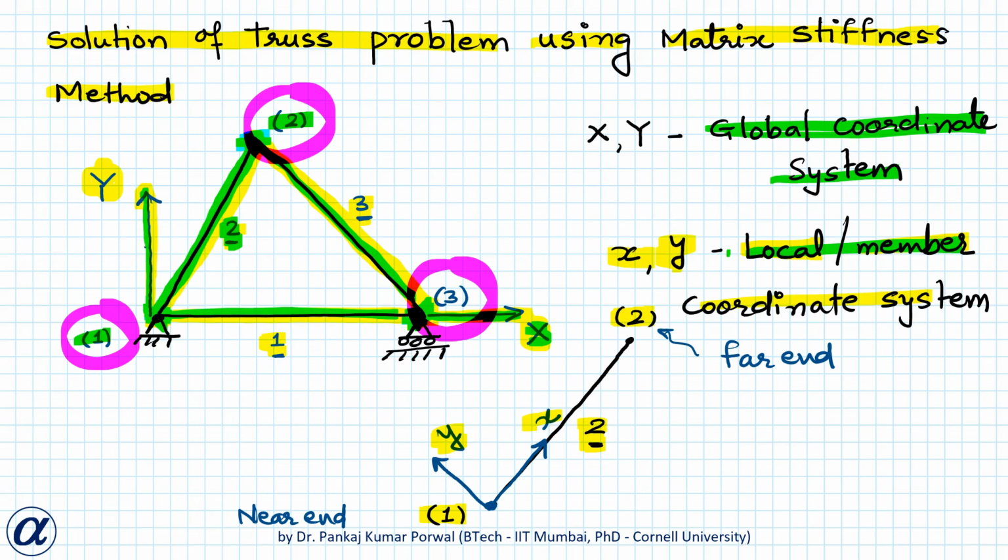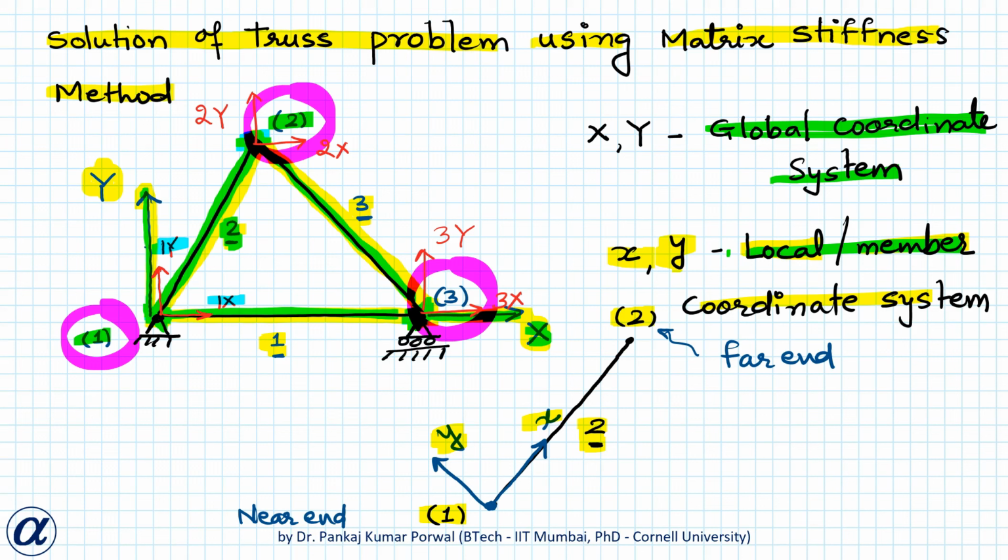If we look at all the degrees of freedom in our structure, they are 1x, 1y, 2x, 2y, 3x, 3y, and some of these degrees of freedom are restrained and some of them are unrestrained. If we look at node 1, 1x and 1y are restrained.